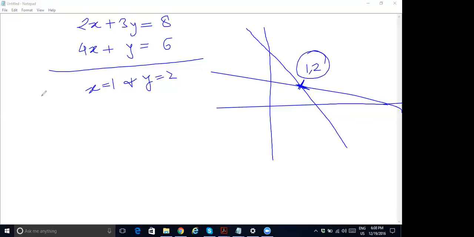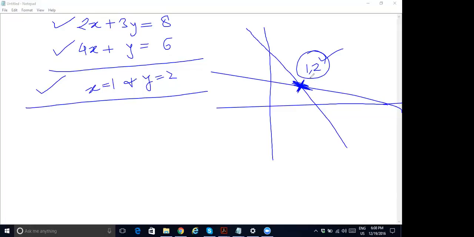So a solution of a pair of lines, we call it a simultaneous solution. Simultaneous means this point is present on both the lines. This point will satisfy the equation of this line as well as this line.